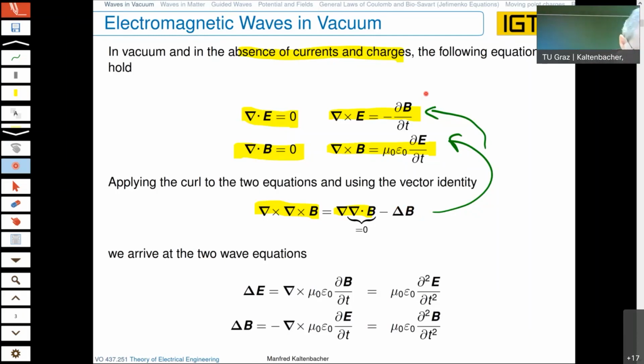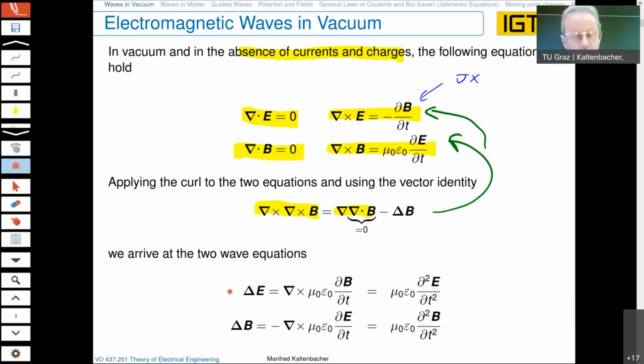let's start with the first equation here. We apply the curl operator. Then you have the curl of the electric field, which we can substitute here by minus the Laplacian of B. Have in mind that actually there will be a minus.